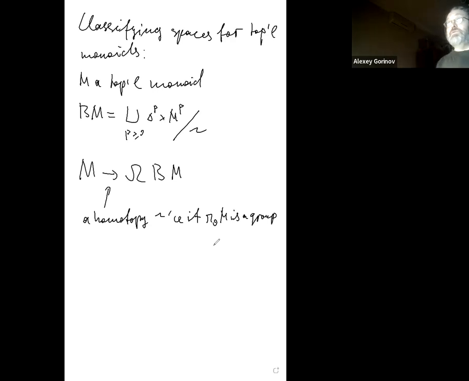If it happens to be a group, then the map is a homotopy equivalence.